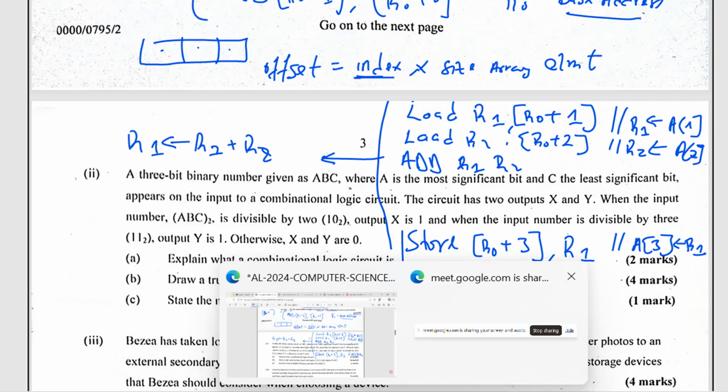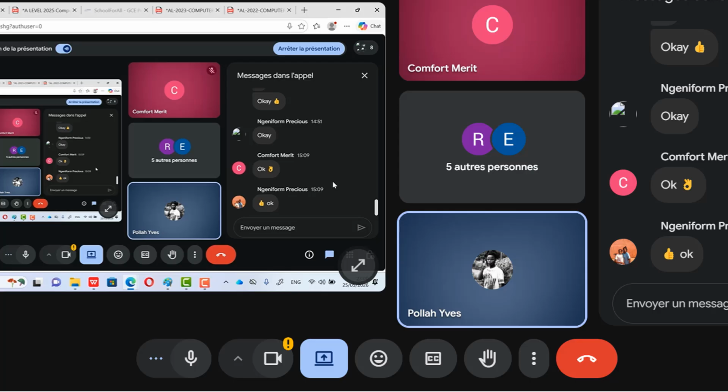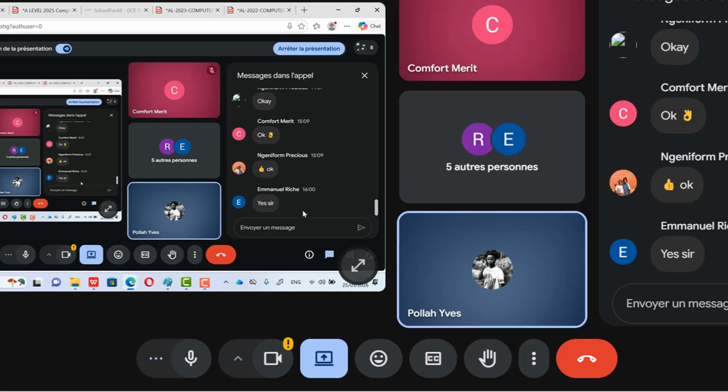But now on your own part, I need to be sure, is it okay? If it's okay, leave a like, leave a comment. Let me confirm. Comfort Merit, perfect. What about the others? Yes, we are done like this, but I need confirmation. If you're understanding, if everything is clear, you indicate. Emmanuel, yes, okay. Let me just check the others. What about the others?